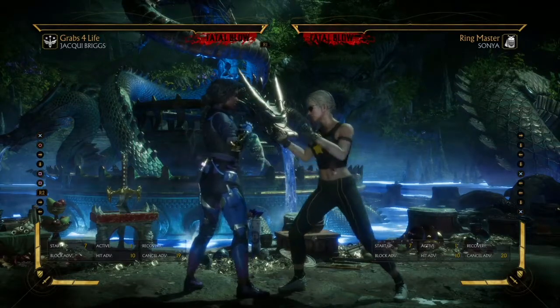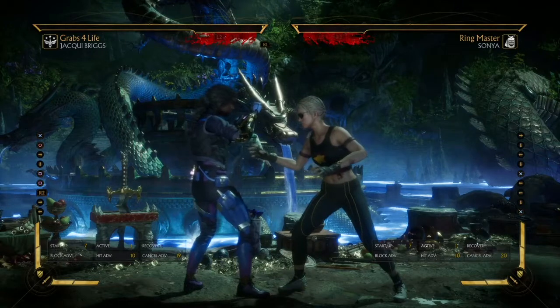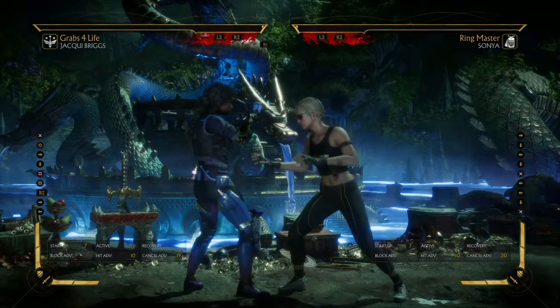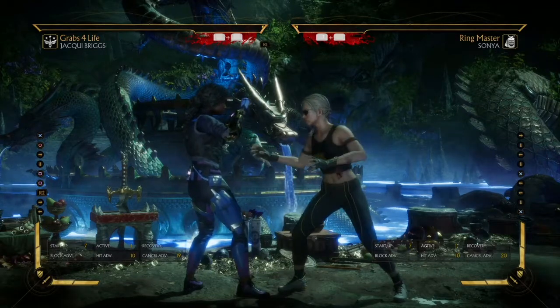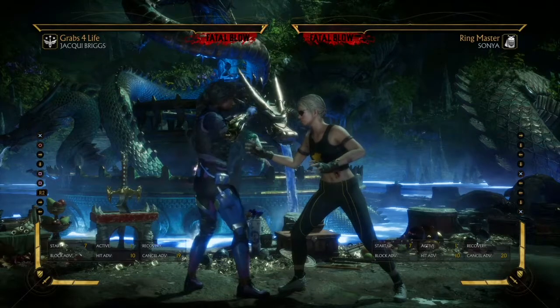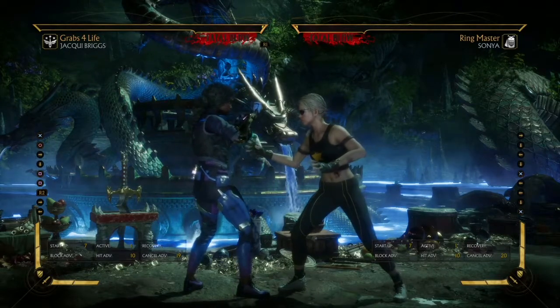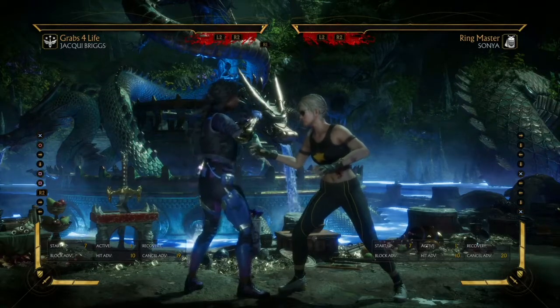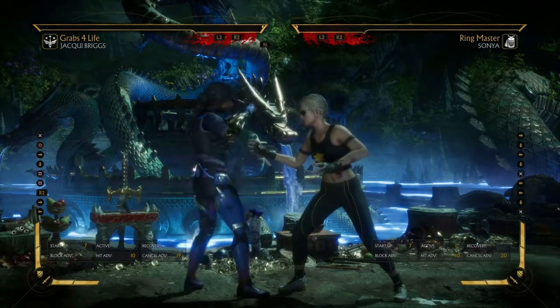So what is the best solution against Liu Kang's forward 4? Forward 4 is minus on block, so if a Kung Lao player does it, it's technically your turn to press a button. Oh, Liu Kang's forward 4. I was thinking Kung Lao's for some reason.